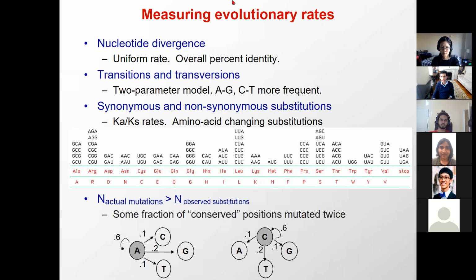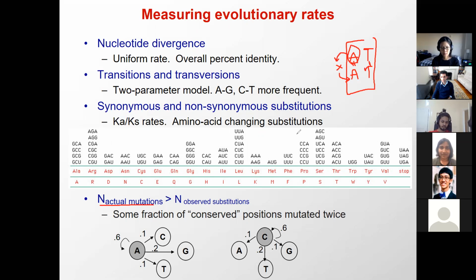So if in my alignment I see an A here and an A there, and a T here and a T there, for example, then the Occam's razor approach would basically say, oh, great, this A has been conserved, this T has been conserved, and so on and so forth. But what's actually happening is that the A over large evolutionary distances was probably at some point changed into another character and then changed back into an A.